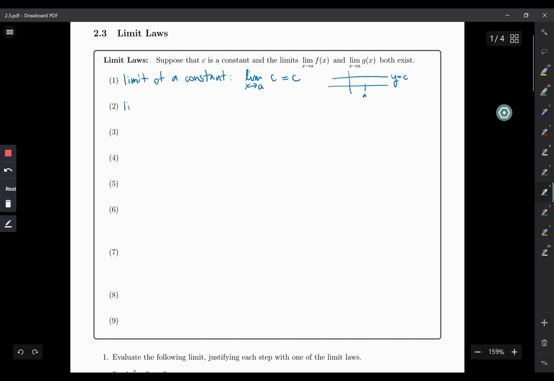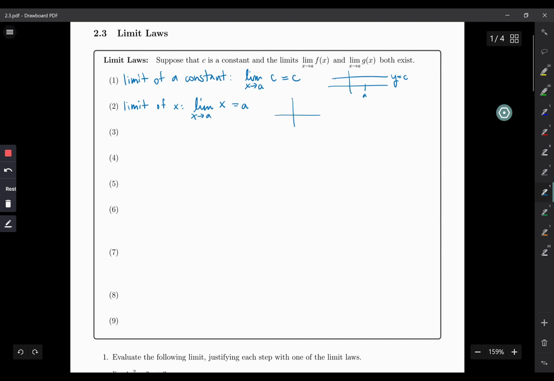Also, the limit of x. If we have the limit as x goes to a of just x by itself, then that is going to be equal to a. And again, you can think of the graph.